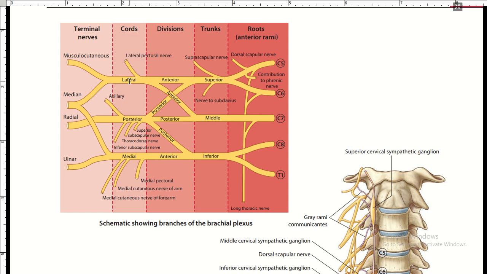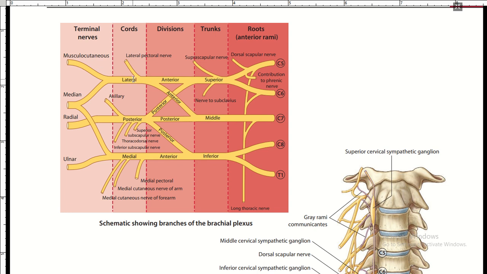For the lateral cord, you use a mnemonic called Lucky Loves Me. So you're going to have, one, the lateral pectoral nerve that is going to innervate your pectoralis major. You're also going to have the lateral root of the median nerve, and then you're going to have your musculocutaneous nerve.